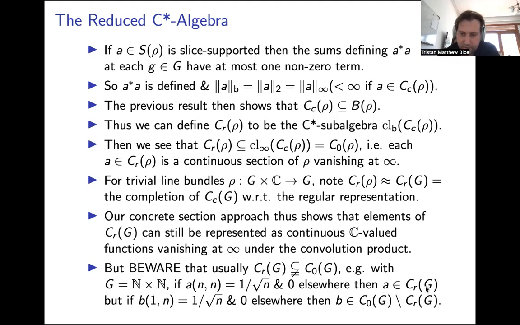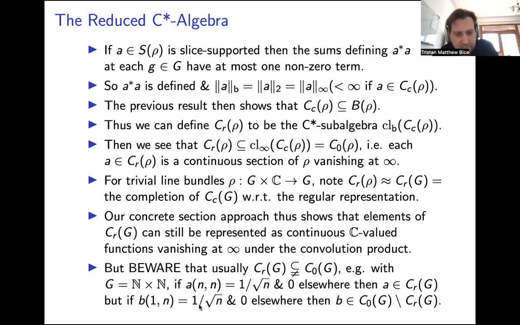Right? You can indeed approach it by compactly supported elements. However, if you instead set not the diagonal, but one row, the top row, to be 1 over root n and 0 everywhere else on all the other rows, then you'll see this is not actually an element of the reduced groupoid C-star algebra.